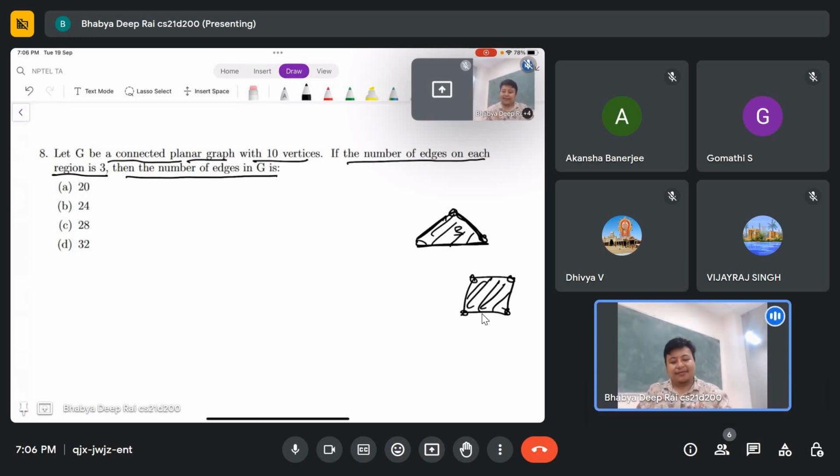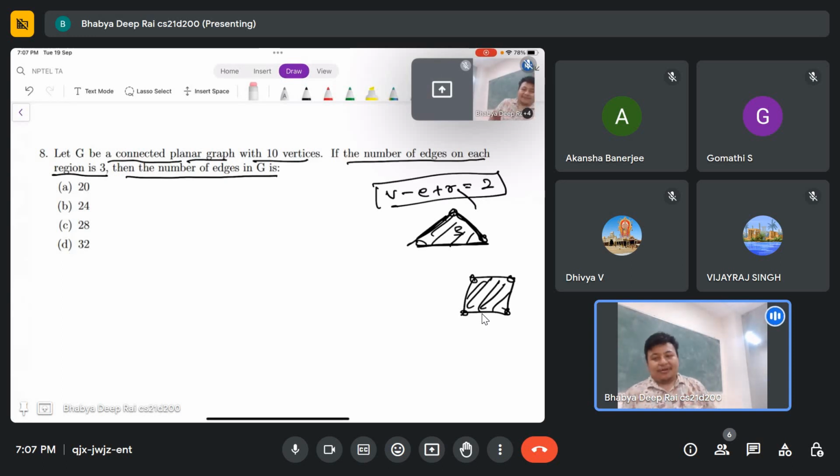Yeah, Vijay Raj, we were doing this formula V minus E plus R equals 2 for a planar graph where R is the region. So this is the question: if G is a connected planar graph with 10 vertices, and the number of edges bordering each region is 3, then the number of edges is what we need to count. I'll give you some more time to think about it.